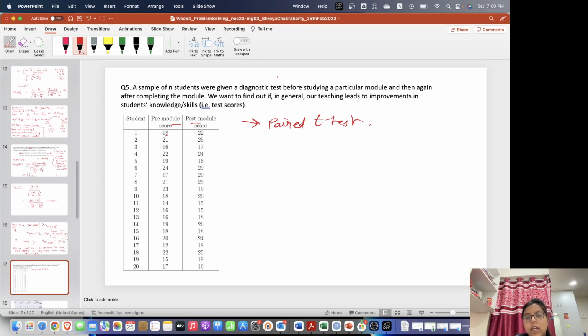We want to find out if in general the teaching leads to improvements in students' knowledge or skills. Let's say 1 denotes pre-module, 2 denotes post-module. How many paired samples do we have? We have 1 to 20. N is 20.